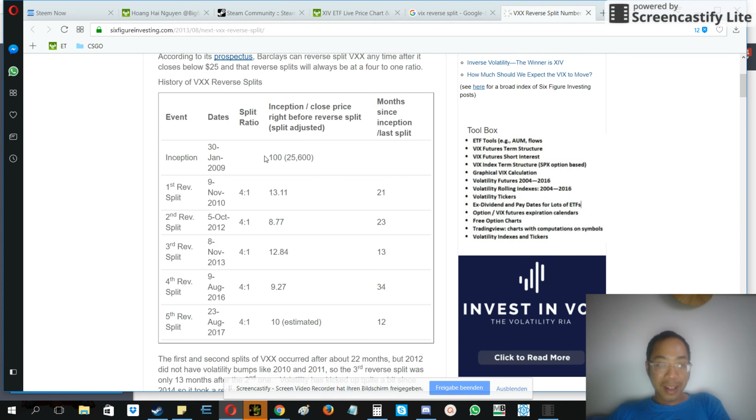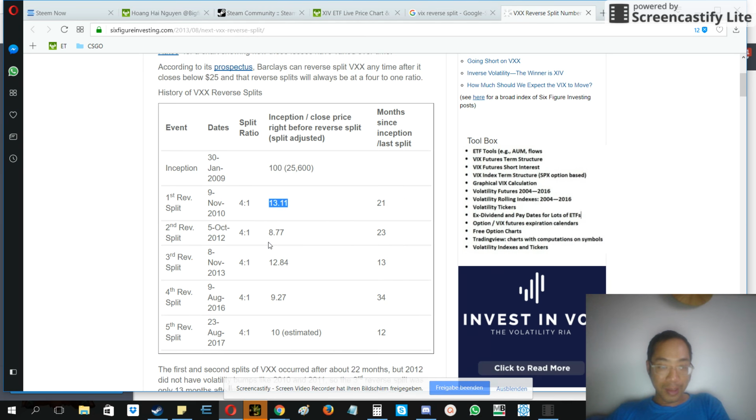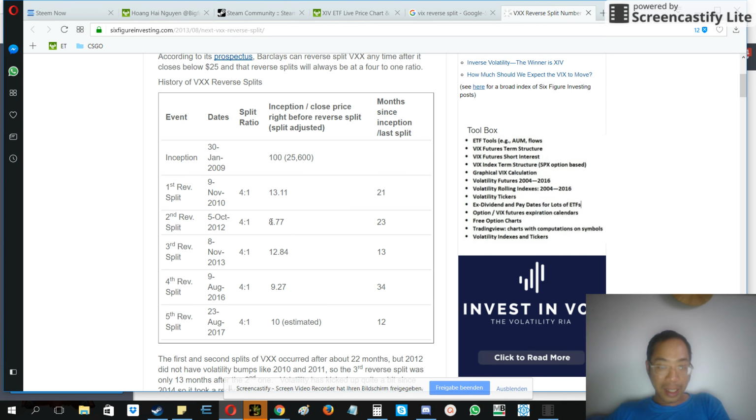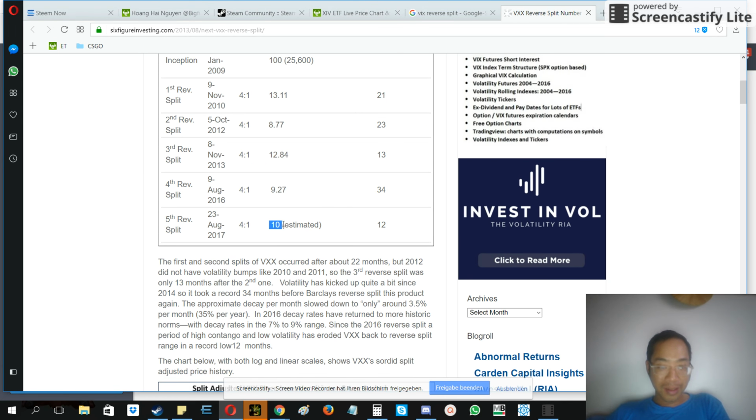Okay, so let's see. It started at $100, and here you can see at this price they decided to make a reverse split, usually when it's around $10. Here they decided to make a reverse split, here it's below $10 and they made a reverse split, here a reverse split, here again a reverse split, and here it was estimated.